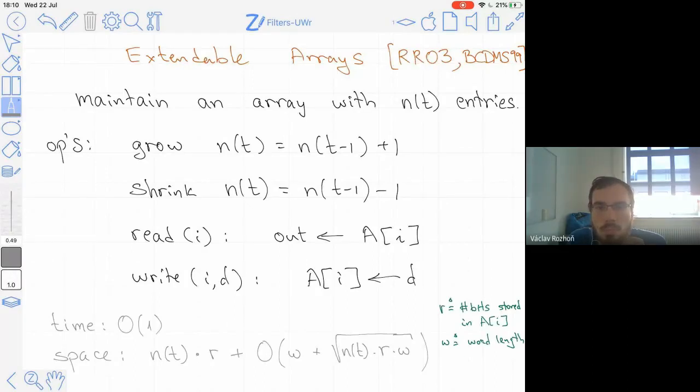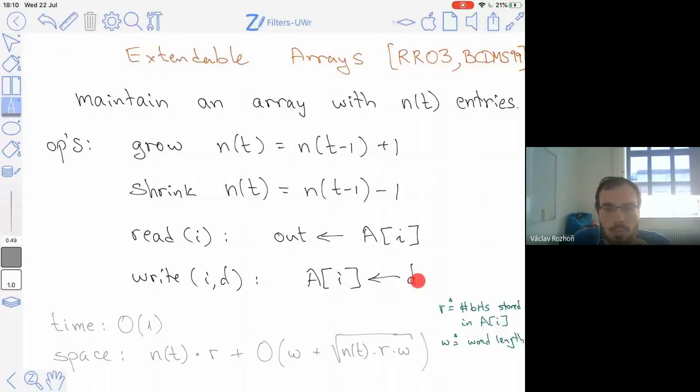The point is that you want to maintain an array with n of t entries and the type of operations that you want to support. As usual, you have a read and a write. You want to find out what is the contents of the ith entry, and you want to write into the ith entry some element. But here, up front, you don't know what the size of the array is, so you want to grow it. So grow says n of t equals n of t minus 1 plus 1, and shrink means that you decrease the size of the array by 1.